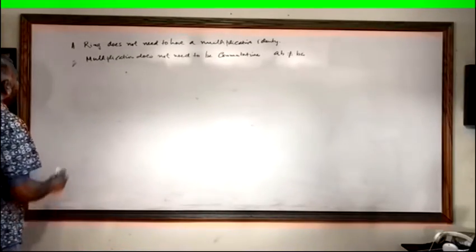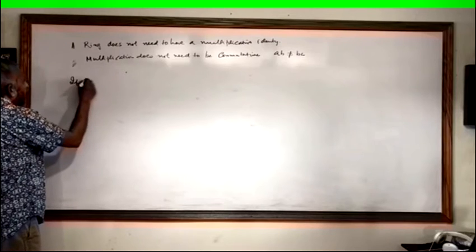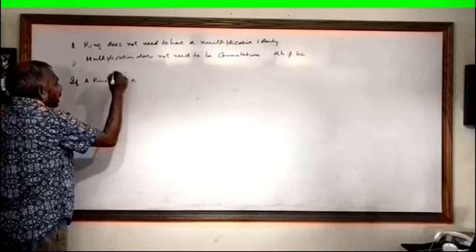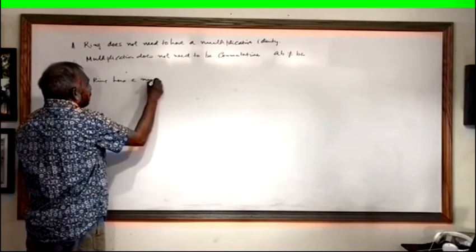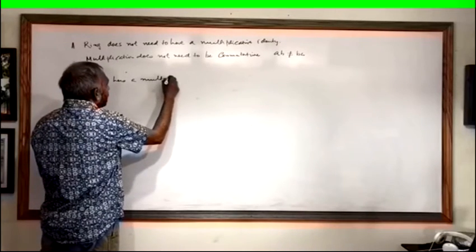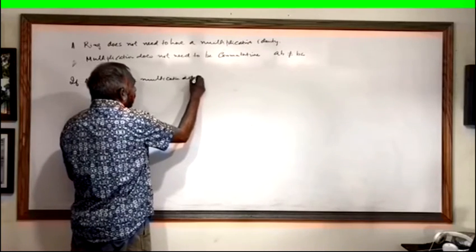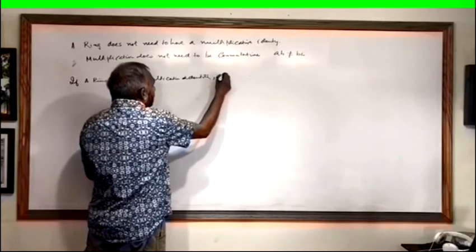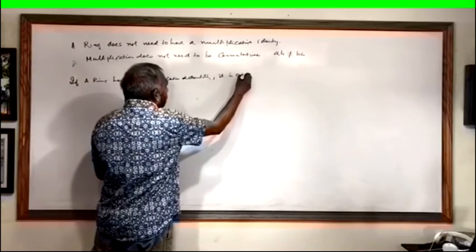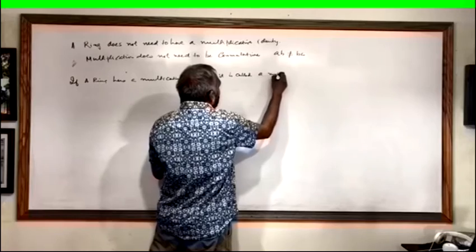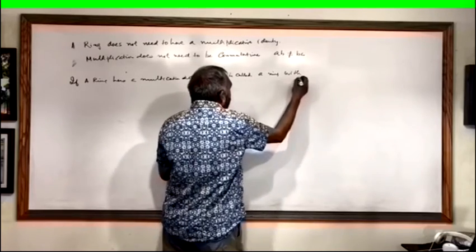Okay. Now, if a ring has a multiplicative identity, it is called a ring with unity.